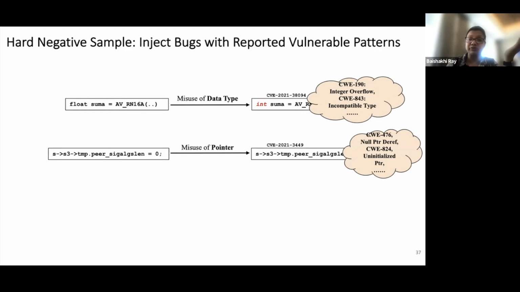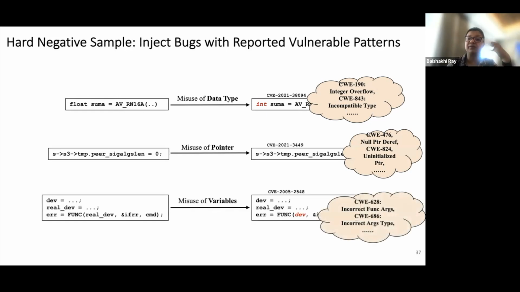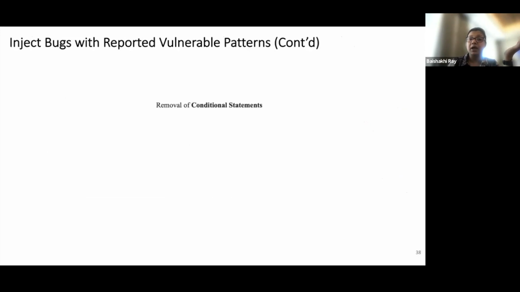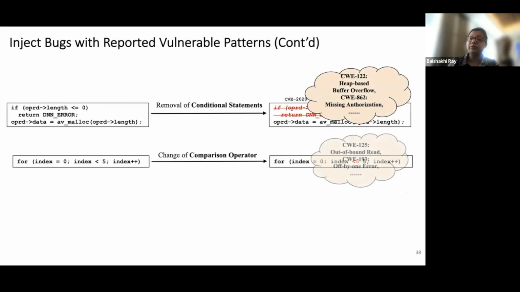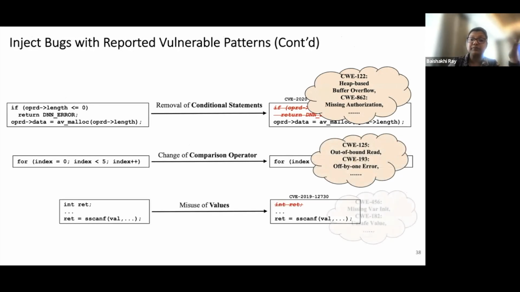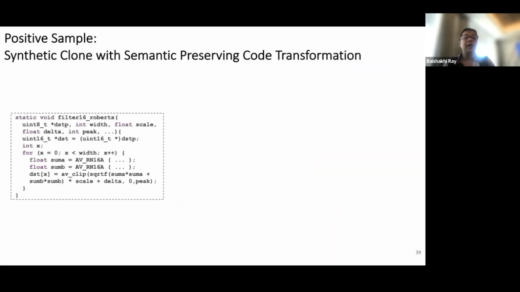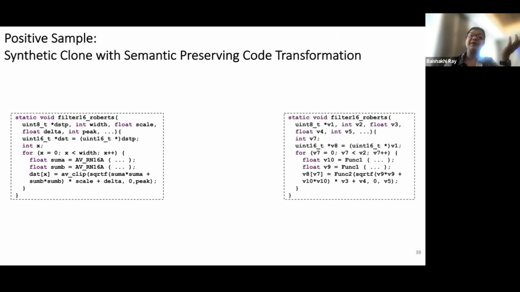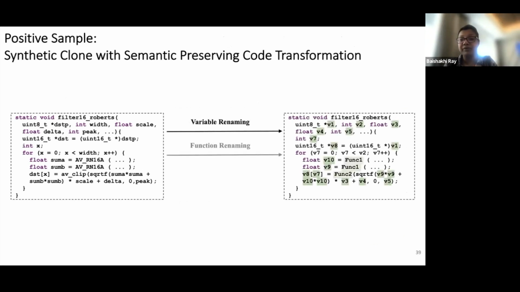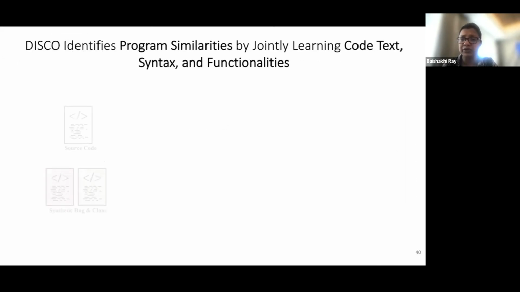For example, we introduced misuse of data types, misuse of pointers, misuse of variables, removed conditional checks, removed comparison operators, misused values, etc. These are very common reasons for vulnerabilities in your code base, so we are doing data augmentation based on this domain knowledge. Similarly, when synthesizing clones, we use variable renaming, function renaming, statement permutation, etc., to have similar behavior but code that looks different.